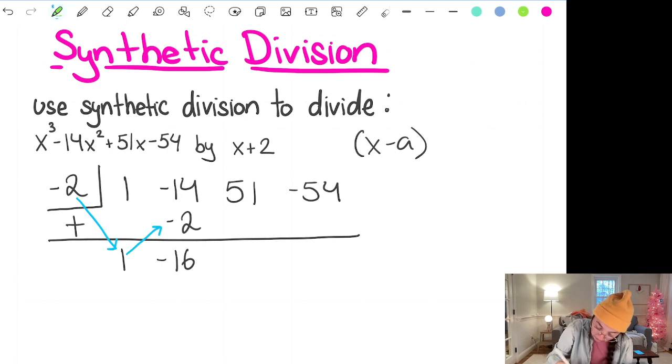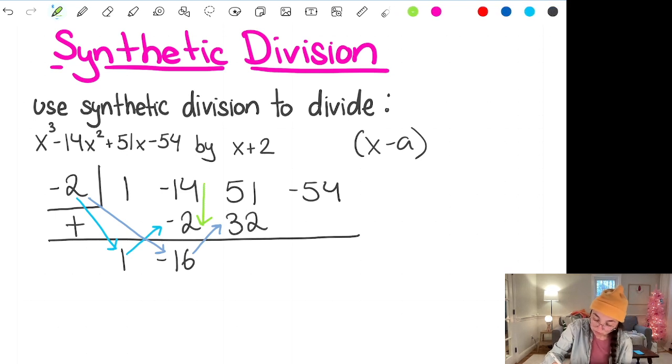We are adding down. Okay, so the next step is kind of the same deal. Negative 2 times negative 16 gives us a positive 32.